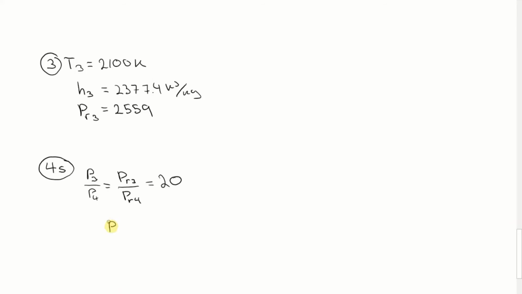So reorganizing this, we get PR4 is equal to PR3 over 20, which works out to 127.95.